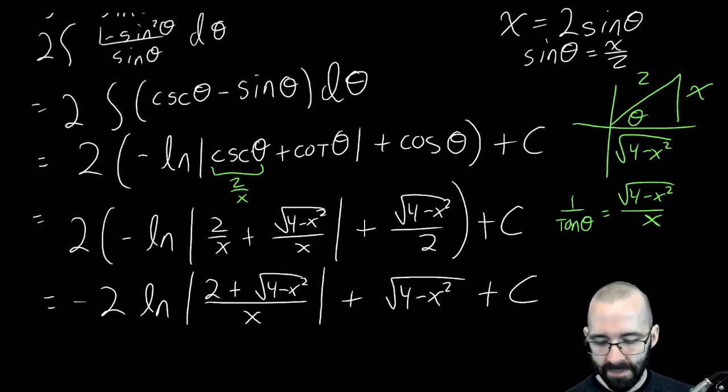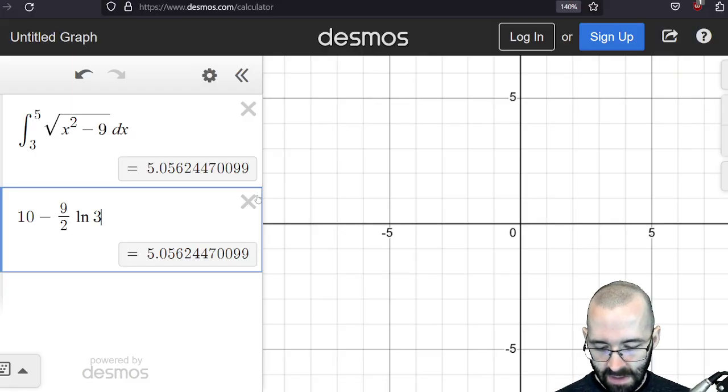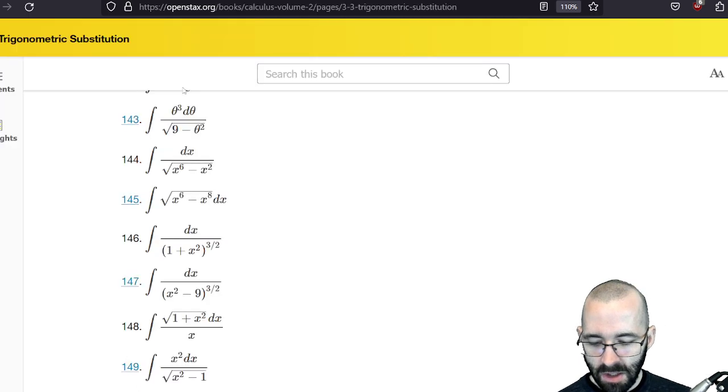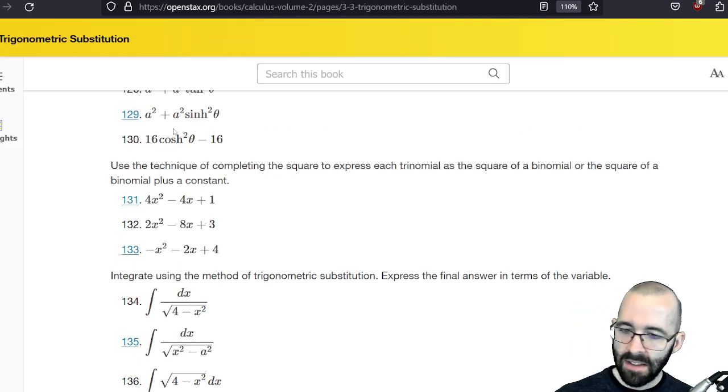And let's check it. Okay. How do I want to check this actually? Could check it with the book. This is example 3.22.